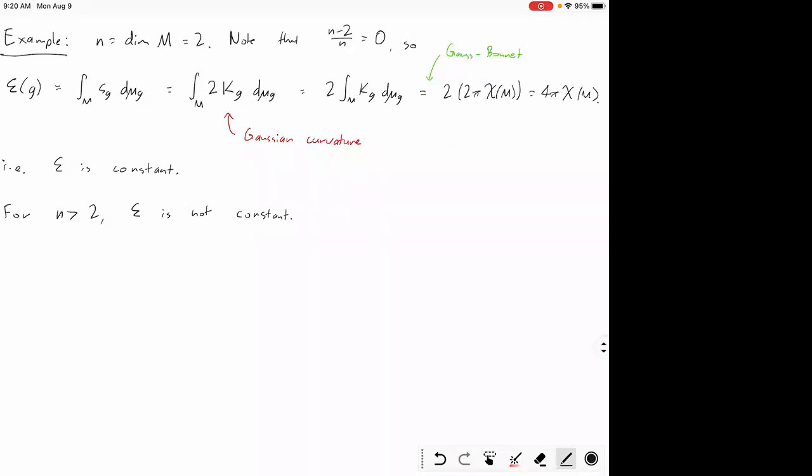So I mentioned before that when we just took the total scalar curvature, Hilbert investigated that in terms of Einstein field equations and so on, and he showed that the critical points of that functional are the Ricci flat metrics. Let's use EH for Einstein-Hilbert.